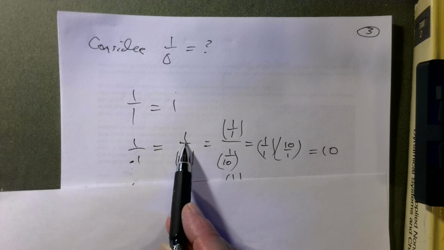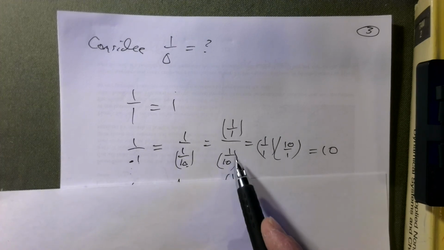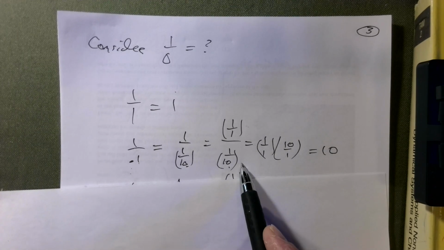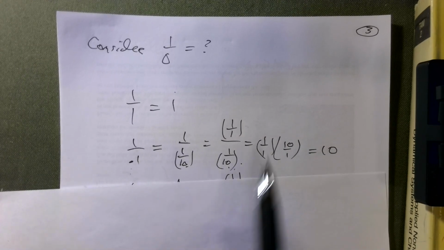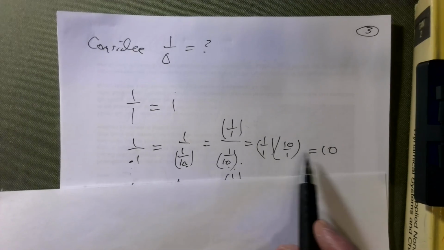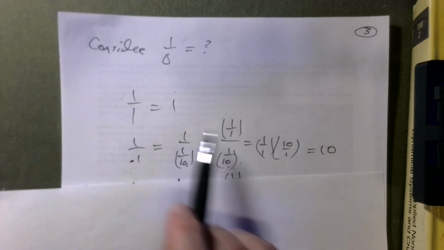If I think of the numerator as 1 over 1, and the denominator as 1 over 10, you've been taught that when you have a fraction over a fraction, you're supposed to invert and multiply. I'll talk about why that's done in a few seconds. So if I invert and multiply, I get 10. That's definitely bigger than 1.